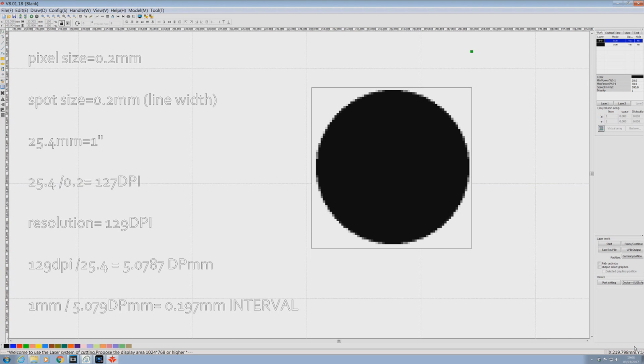So if we divide our 25.4 millimeters, which is 1 inch, by our spot size, which is 0.2 of a millimeter, we find that we can only get 127 dots in an inch. Now that's quite a coarse looking picture, 127 dots per inch. But the point is, if you start going greater than 127 dots per inch, you will start overlapping your dots.